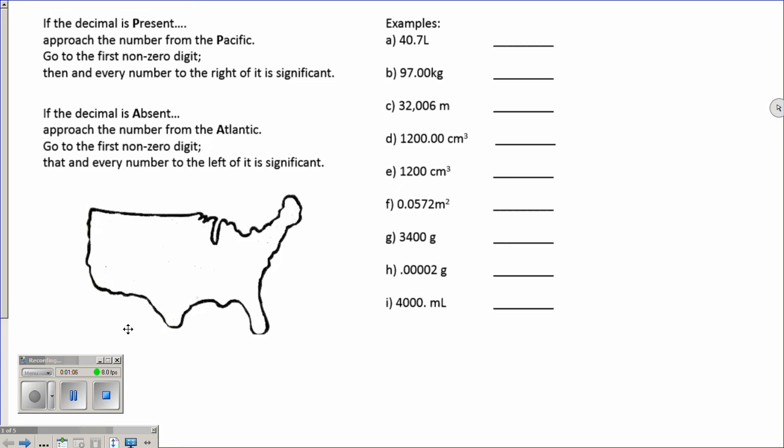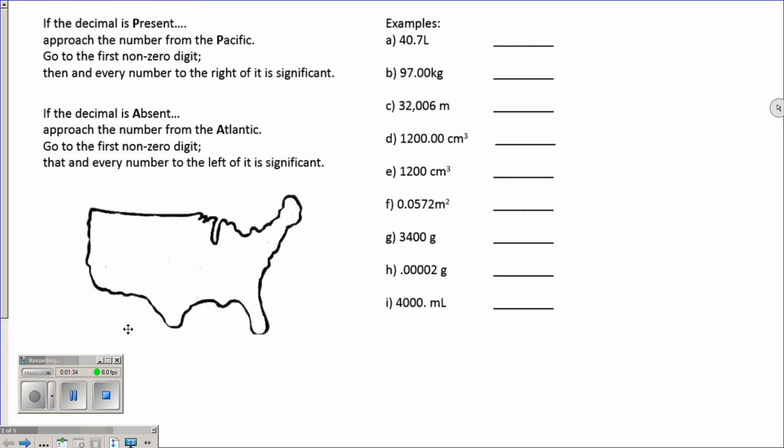The second rule is that captive zeros are significant. So any zero that is in between two non-zero numbers will always be significant. The third rule is that leading zeros are never significant. So we have captive zeros are always significant, leading zeros are never significant. So what that leaves are trailing zeros.